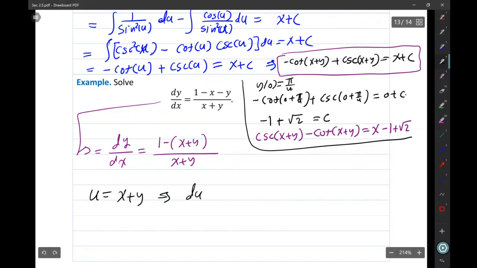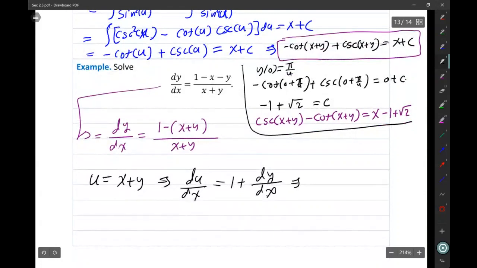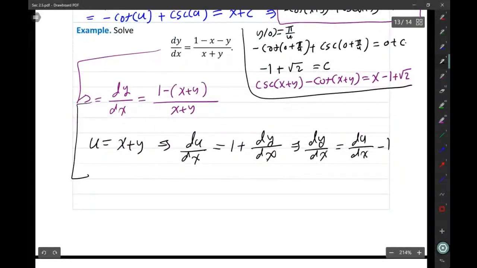Then du by dx becomes 1 plus dy by dx, which implies dy by dx is du by dx minus 1. So this equation now becomes, replace dy by dx: du over dx minus 1 is equal to 1 minus u divided by u, which is equal to 1 by u minus 1.